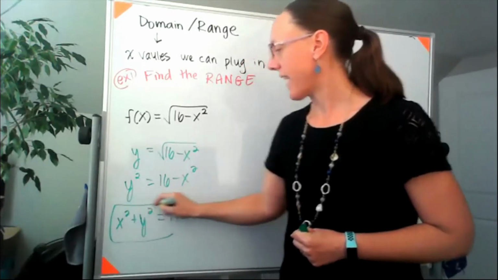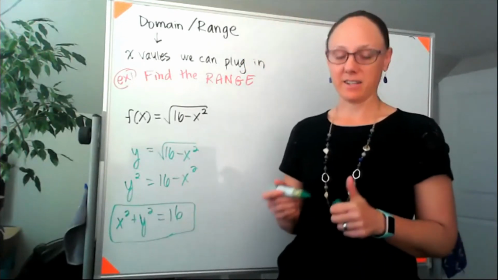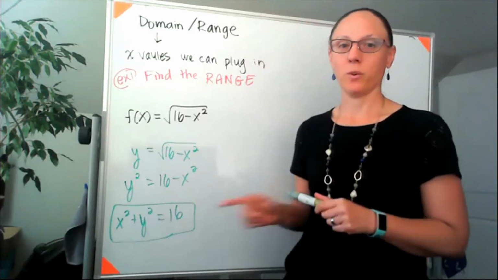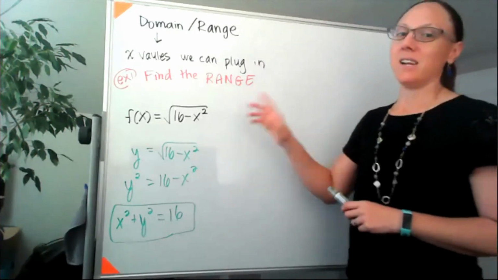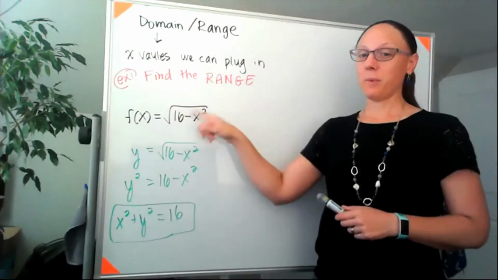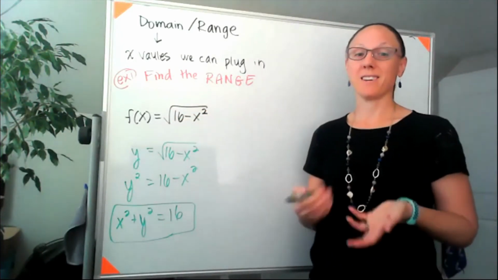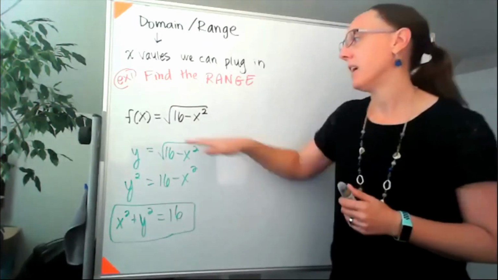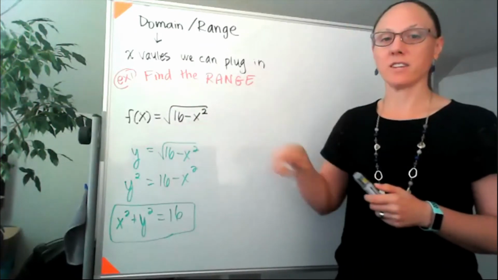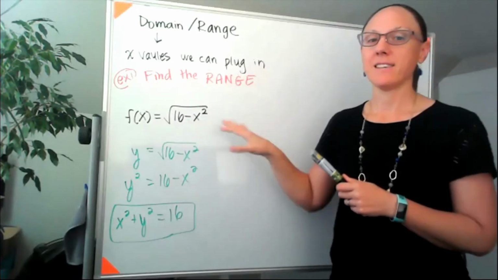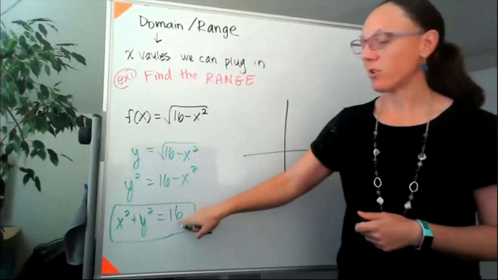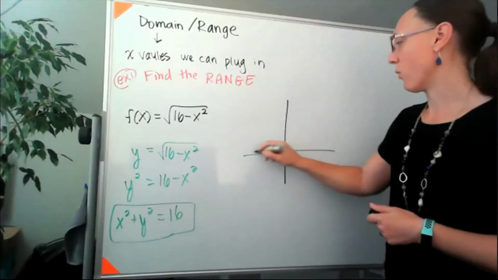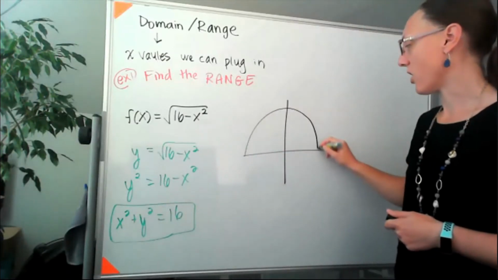And recognize, hey, that is a circle with a radius of 4. Because I've got a square root, it means it's not the entire circle. This is telling me it's only the top half of a circle. So if I were to sketch this, this is a circle centered at 0, radius of 4, but we're looking at the top half of it.